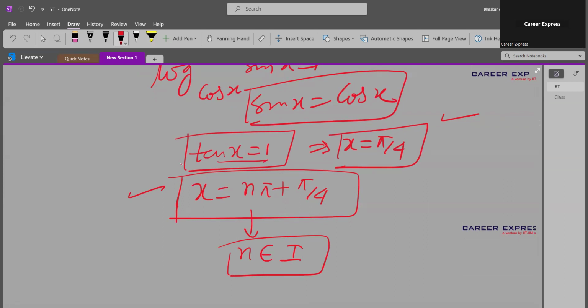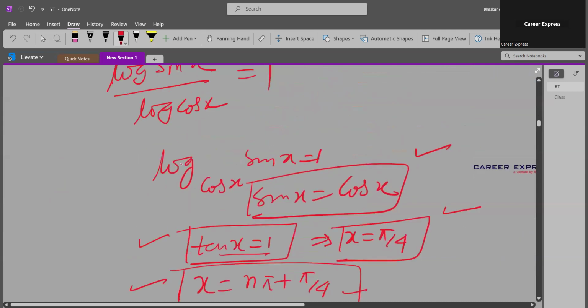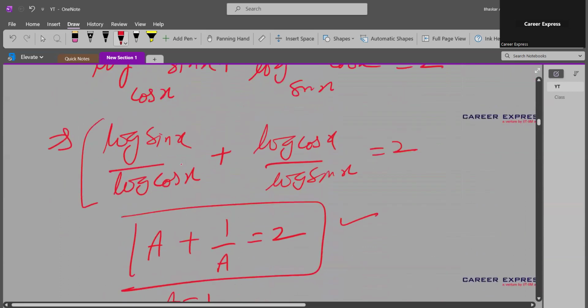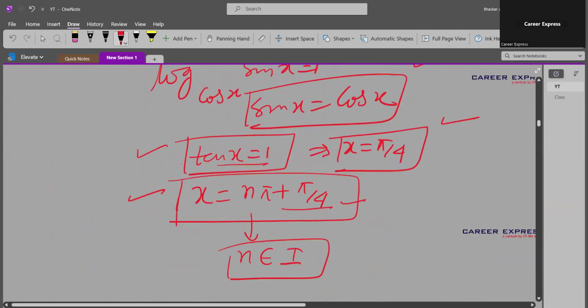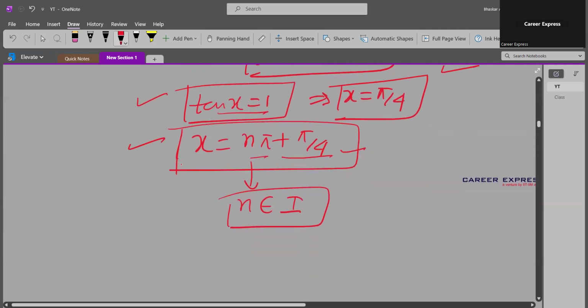But had this been a simple trigonometry question, then we could have said that this is the answer. Now we will have to check whether these conditions also satisfy the given equation, which was in log. So if it is nπ plus pi by 4 and I check for n equal to 1, then x is pi plus pi by 4. So x is in third quadrant.